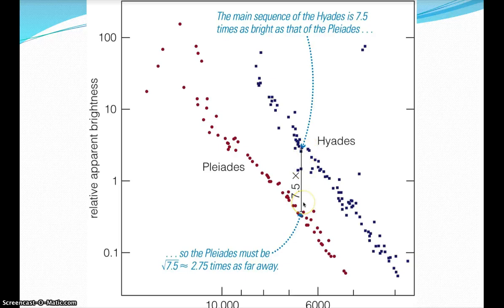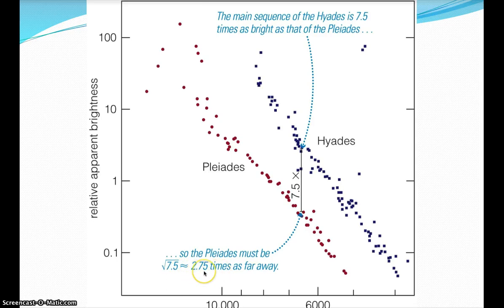So using the relationship between brightness and distance, we could say, well, the Pleiades must be further away. If we measure how much brighter one cluster is than the other, for instance here, we say the Hyades is 7.5 times brighter than the Pleiades, which means then the Pleiades are the square root of that times as far away.